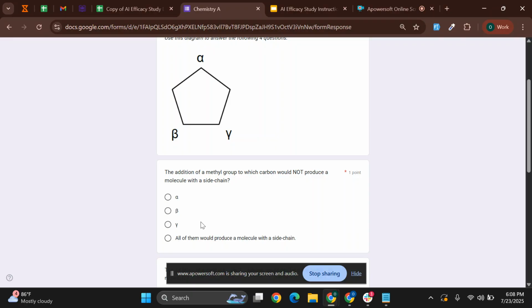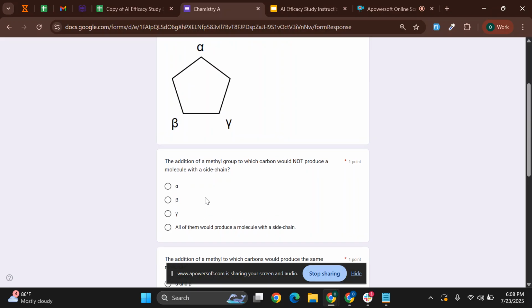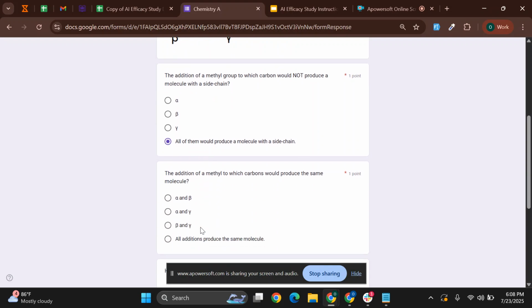So, with the addition of a methyl group to which carbon would not produce a molecule with a side chain? I think all of them would produce a molecule with a side chain. The addition of methyl to which carbons would produce the same molecule?